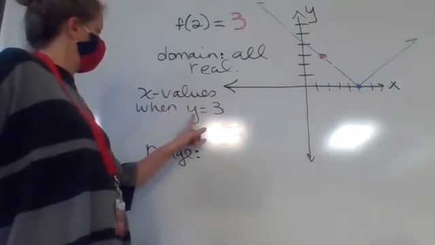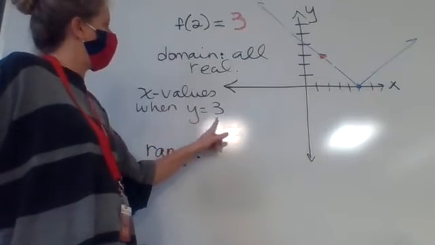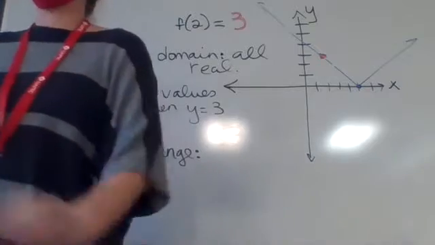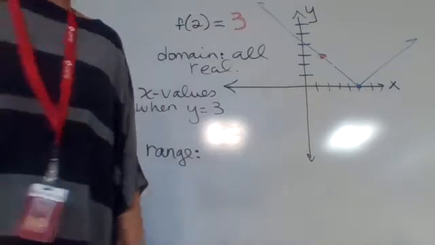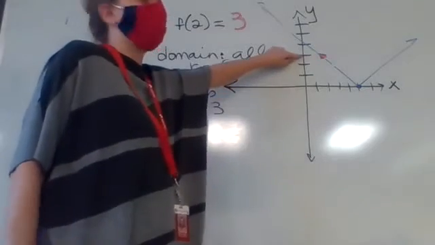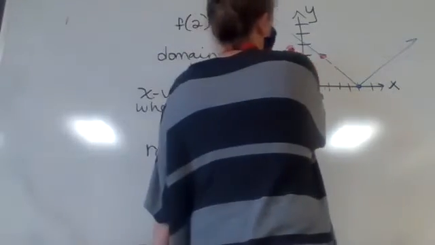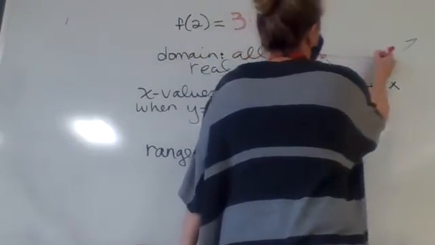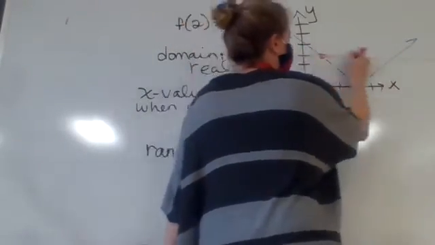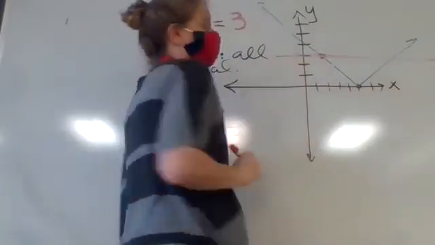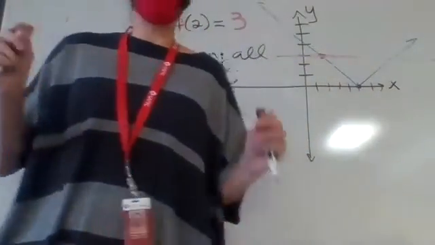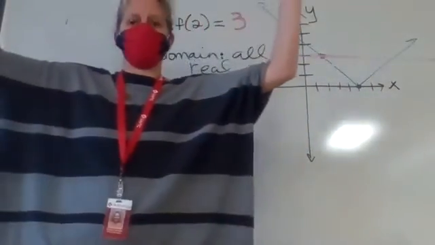What are the x value or values when y is 3? Oh, I didn't think this one all the way through. Where is y 3? Here's where y is 3. So anywhere along this, on that blue graph, you've gone up 3, right?